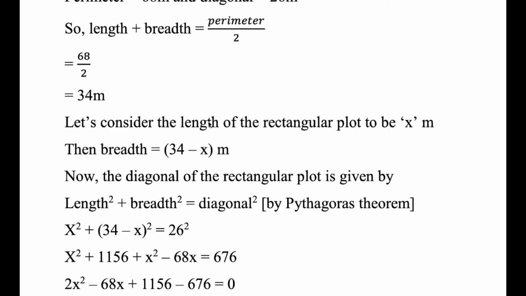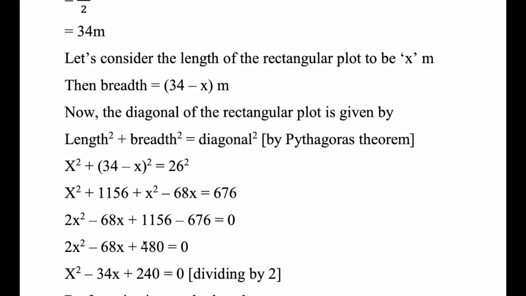So consider the length of the rectangular plot to be x meter, then breadth will be 34 minus x meter. Now the diagonal of the rectangular plot is given by length square plus breadth square is equal to diagonal square as per the Pythagoras theorem.